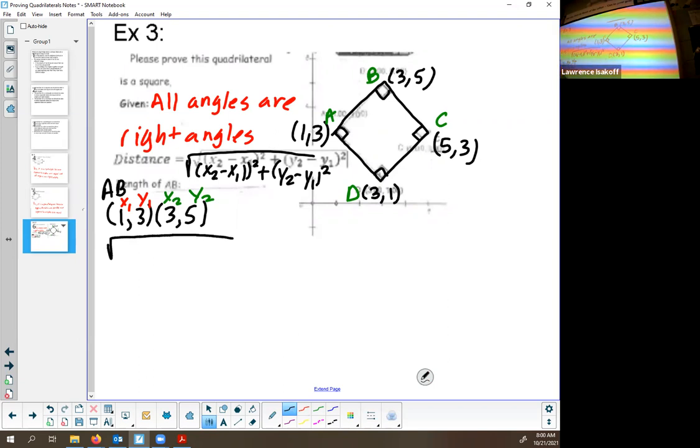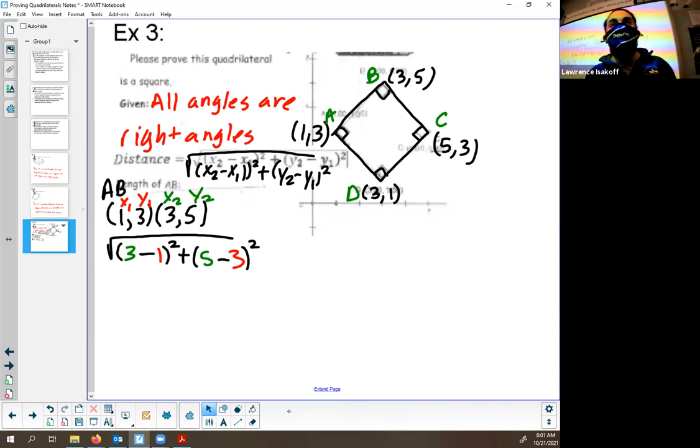So that's the square root of x2, which is 3, minus x1, which is 1, squared, plus, now y2, 5, minus y1, which is 3, parentheses squared.